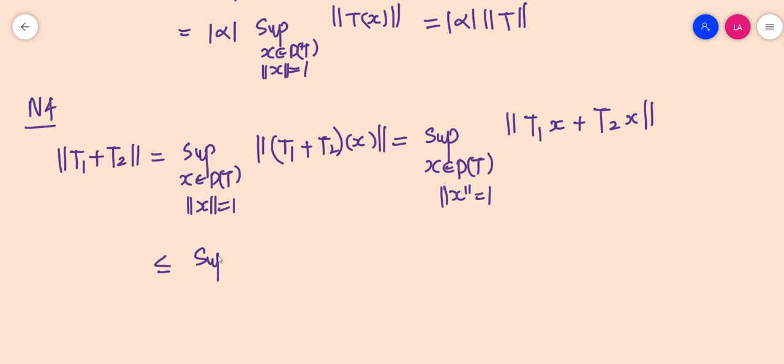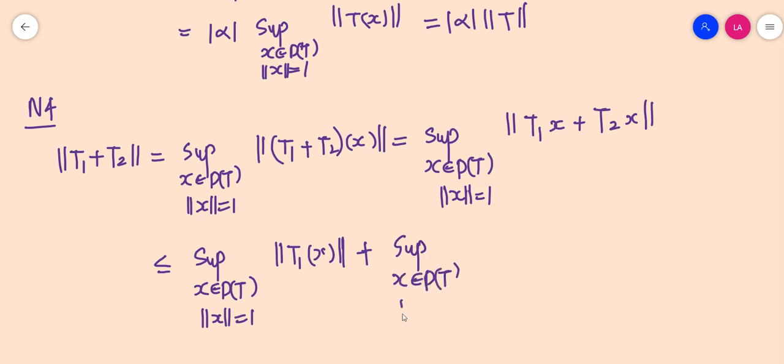So by the triangle inequality, this quantity is less than or equal to the supremum over x in D(T), norm x equal to 1, of norm of T1 x plus, I think I can actually split the supremum as well. Supremum of a plus b is less than or equal to supremum of a plus supremum of b, by the inequality. So the supremum over x in D(T), norm x equal to 1, of norm of T2 x.